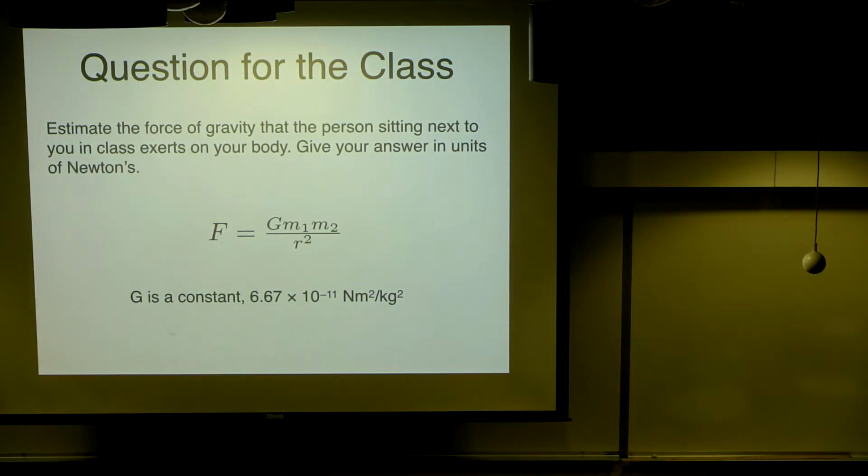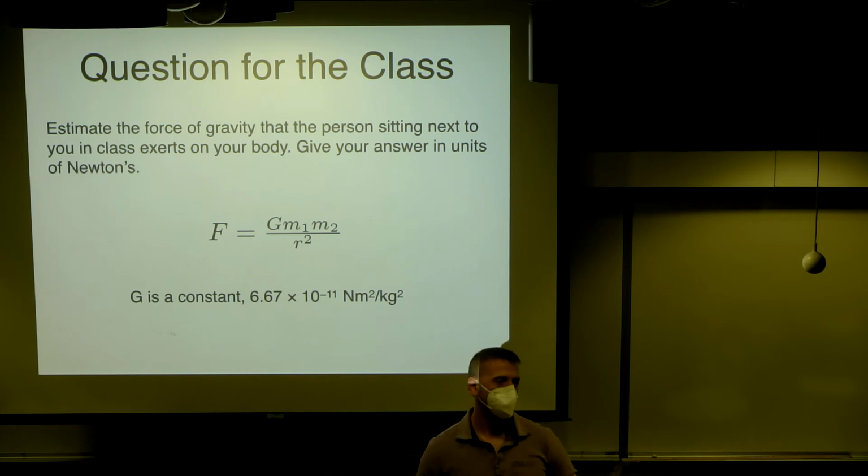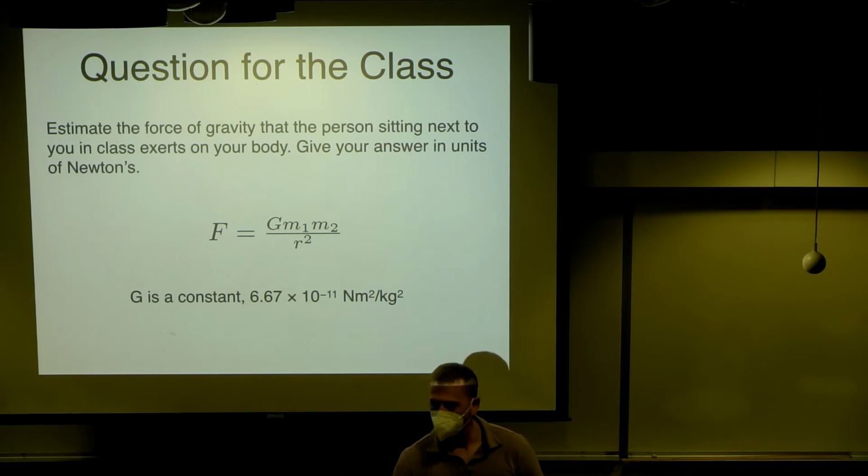All right, so I'm going to let you try something out. So the claim here is that gravity is universal, right? Obviously, the most important source of gravity for us right now is the force of gravity exerted by the Earth, because the Earth has such a gigantic mass compared to other objects around you.